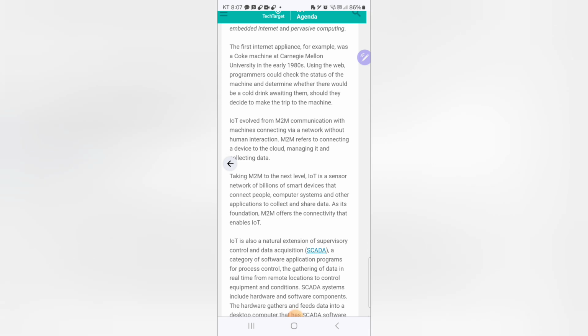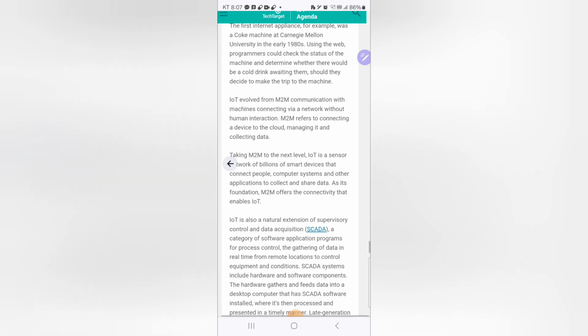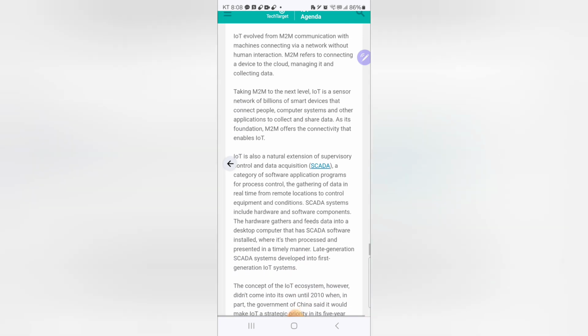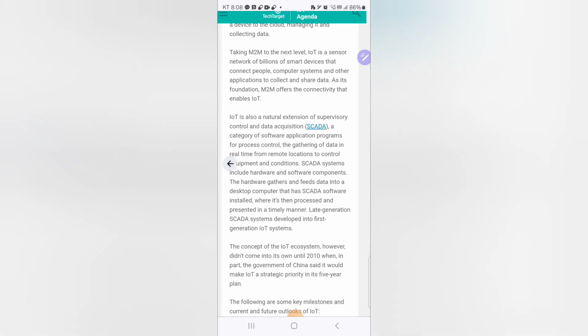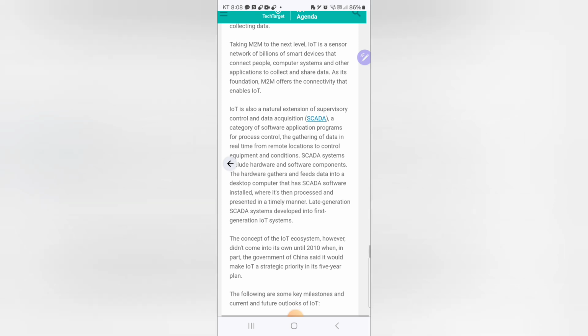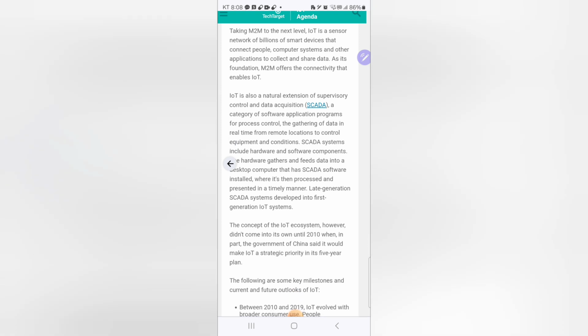Taking M2M to the next level, IoT is a sensor network of billions of smart devices that connect people, computer systems, and other applications to collect and share data. As its foundation, M2M offers the connectivity that enables IoT. So M2M is a subset of IoT, an older technology than IoT.